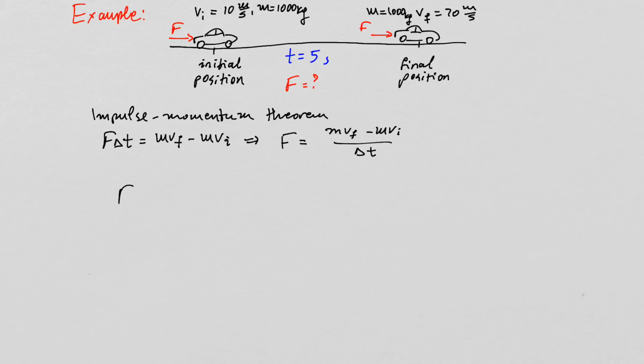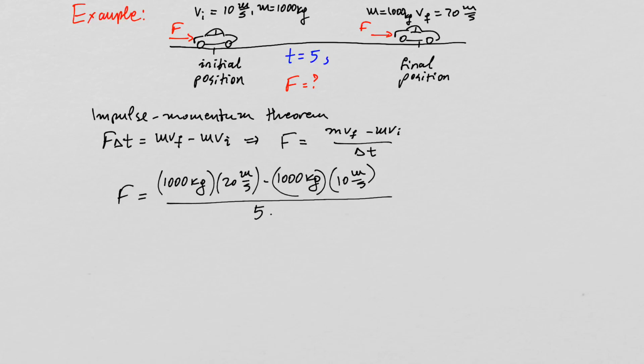So the force is equal to 1,000 kilograms times 20 meters per second minus 1,000 kilograms times 10 meters per second, divided by 5 seconds. So this is equal to 20,000 kilogram meters per second minus 10,000 kilogram meters per second, divided by 5 seconds.